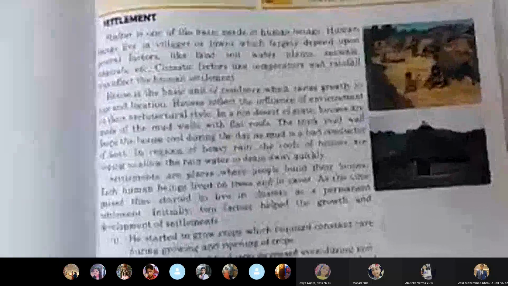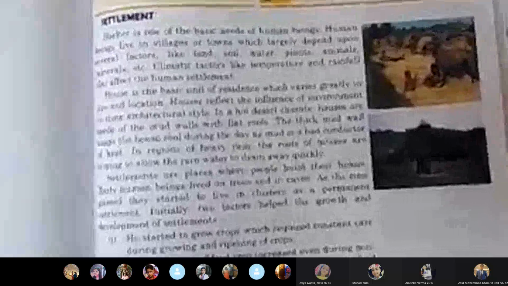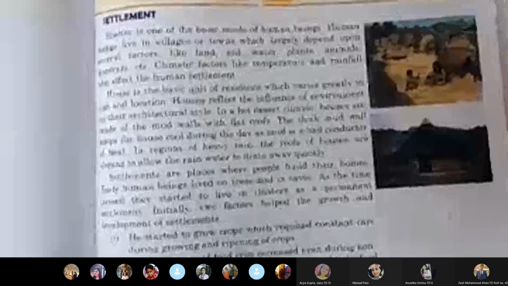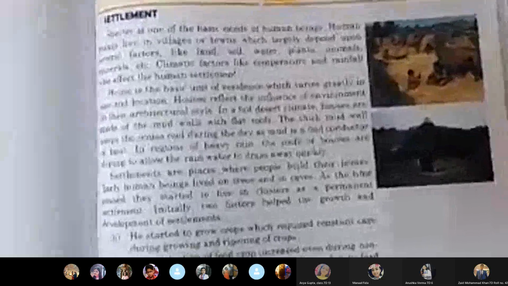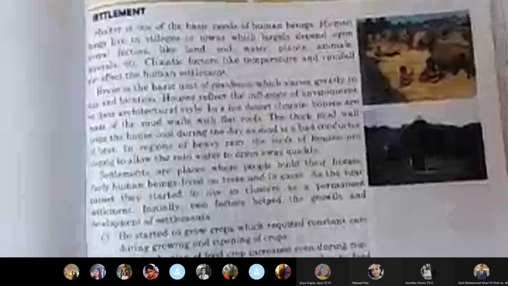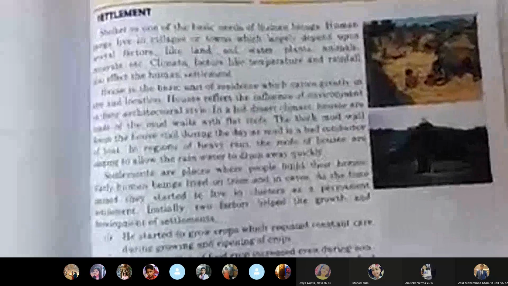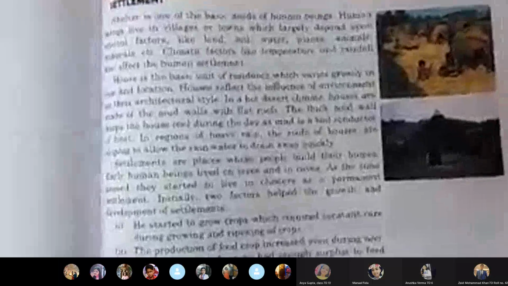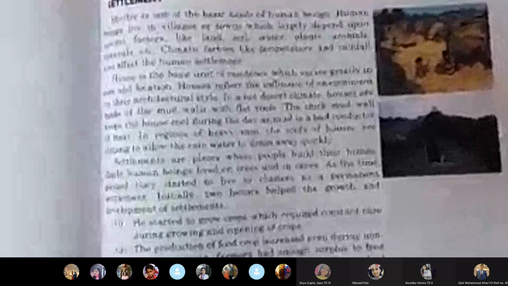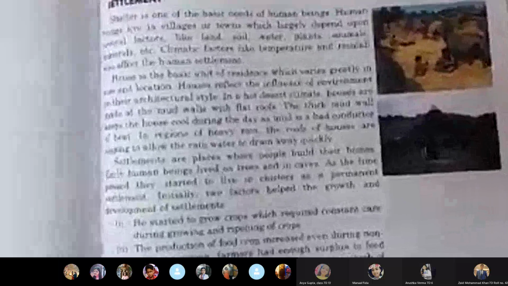In regions of heavy rain, the roofs of houses are sloping to allow the rainwater to drain away quickly. So these house types also are built according to the climate or the place where the people are residing or settling down.